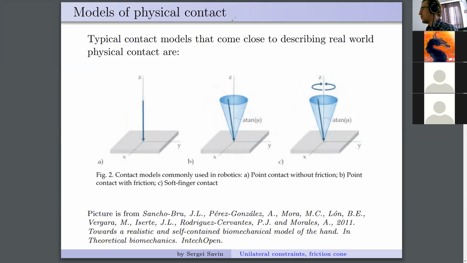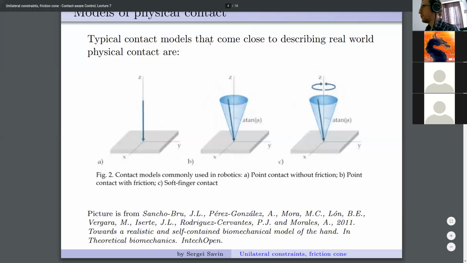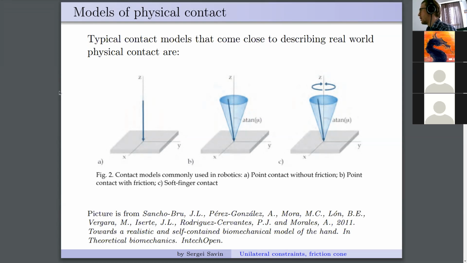Good. All right. So figure 2A, this thing. Let me use the mouse. Figure 2A is the no-friction contact.